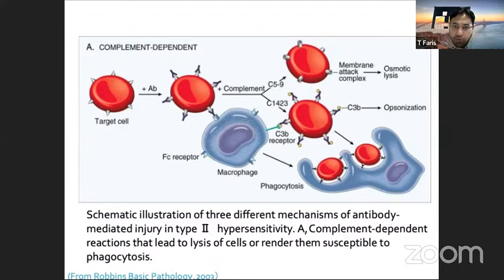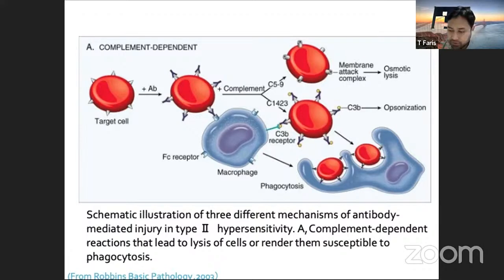All right, we have lots of complement components. We have C5, we have C3b, and the series from C5 to C9. In the first one, you see the target cells plus the antibody, the Y binding to the antigen on the target cells, plus the complement system. As I mentioned earlier, you still need the complement system, another protein or molecule that is essential.